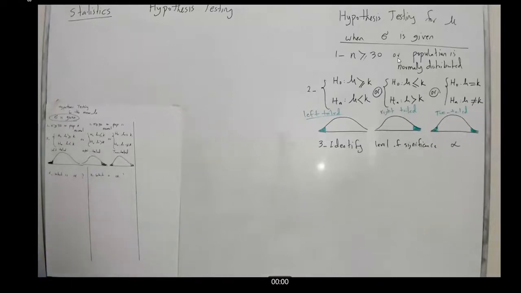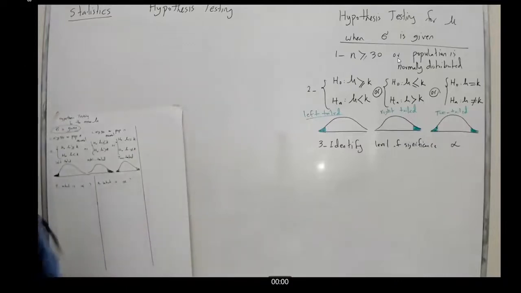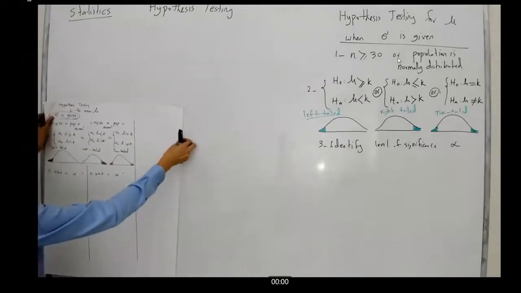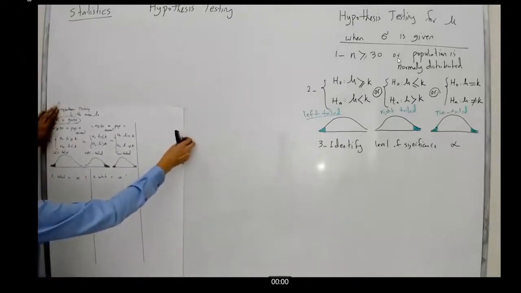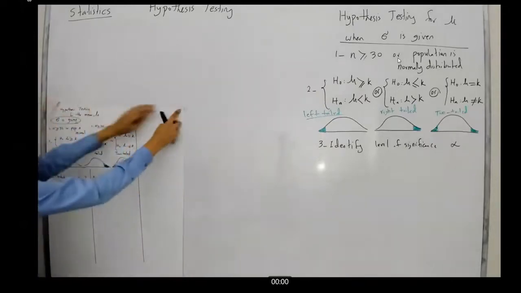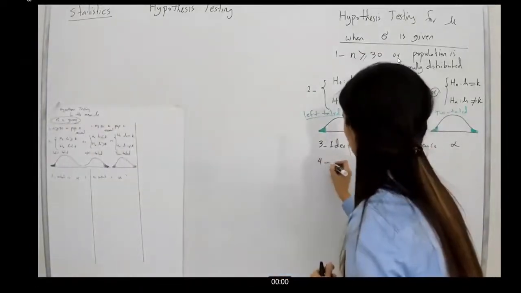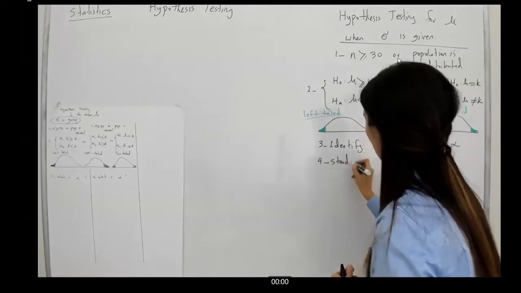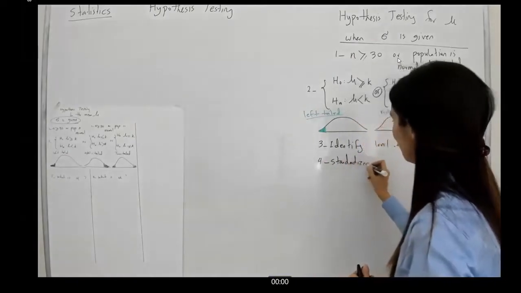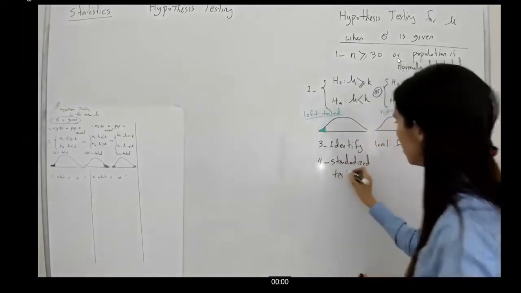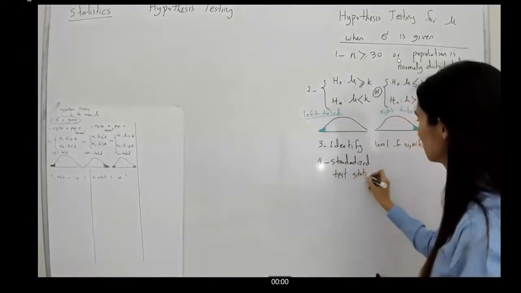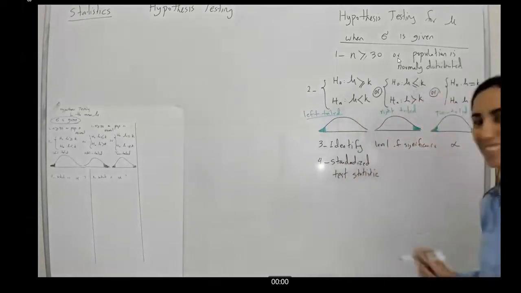Next step. Find the standardized test statistic. What was the formula? Z equals x bar minus mu, divided by sigma over square root of n.